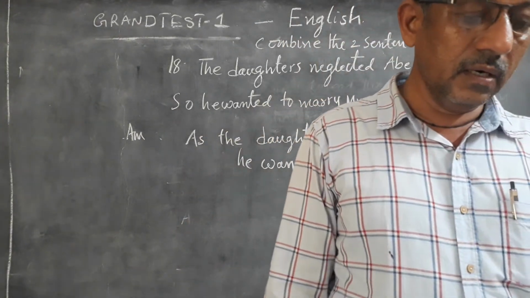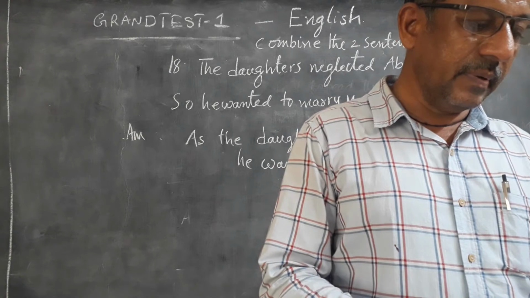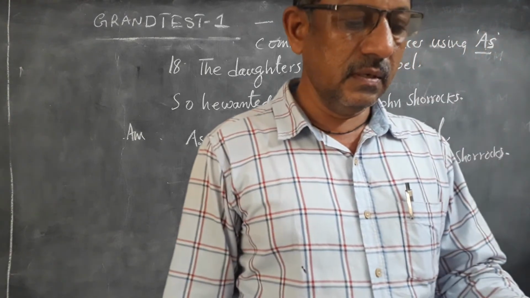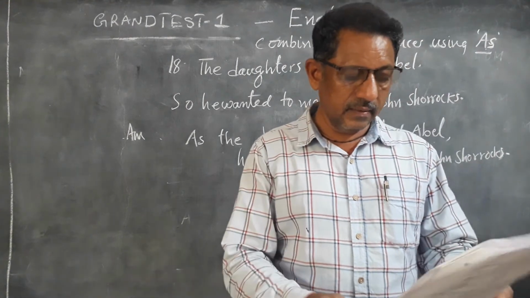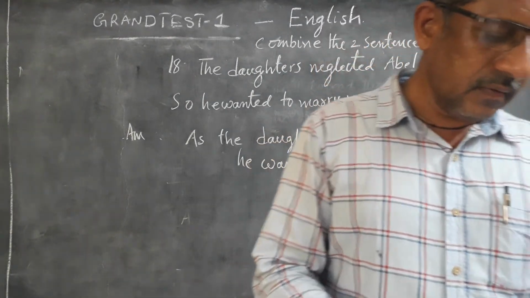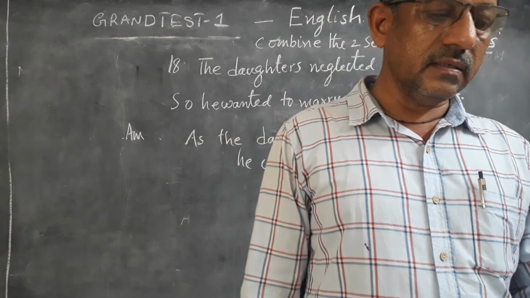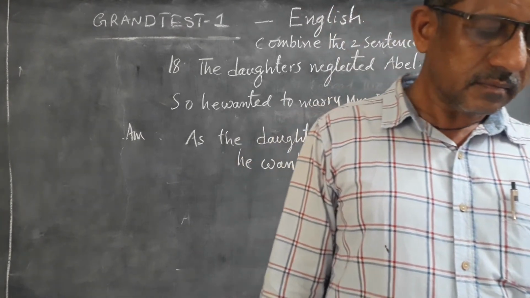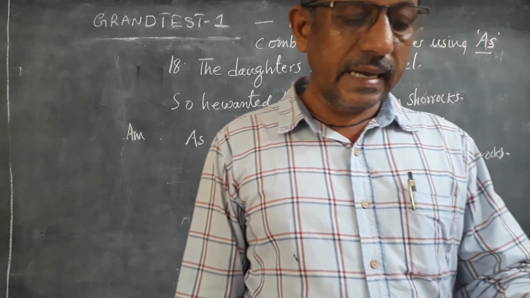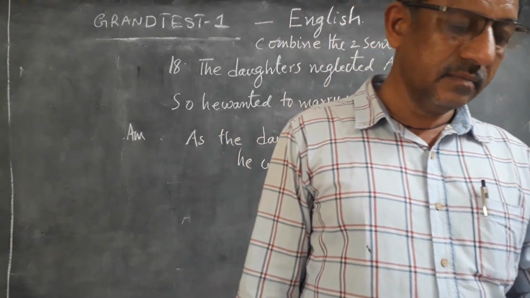Next, question number 24. Read the paragraph and write the synonyms of the underlined words, choosing from the words given. Here, first answer: undistinguished, the nearest meaning is plain, and ancestral, inherited.